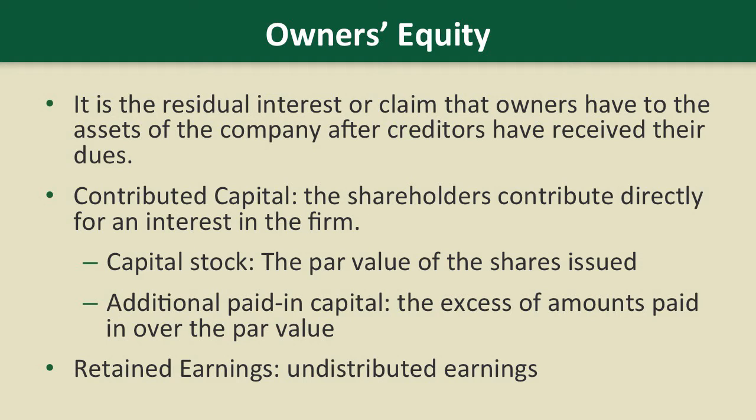Capital stock is an account that recognizes the par value of the shares issued, while additional paid-in capital is the premium, or the excess of the amounts paid by the shareholders over the par value. For example, let's say a typical par value of a Google stock is $100. When Google sells the stock to the market, let's say the stock price is $200.